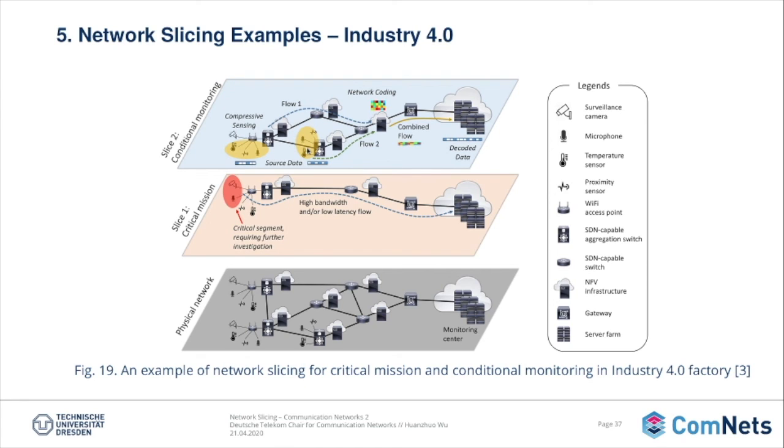So on top of the SDN and NFV infrastructure, network slicing in combination with novel technologies such as compressed sensing or network coding can realize configurable slices to fulfill on-demand quality of service requirements of the Industry 4.0 use cases.